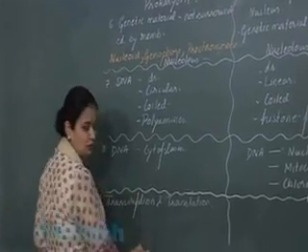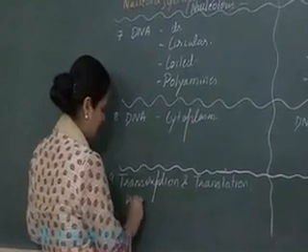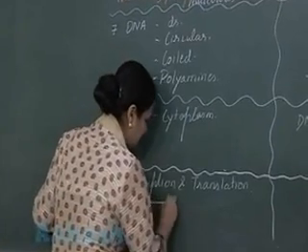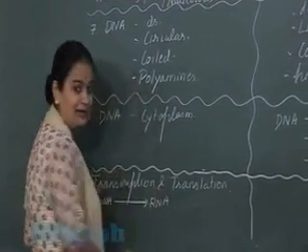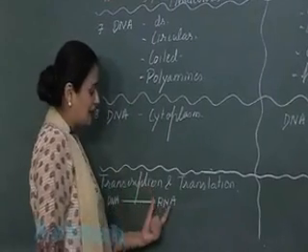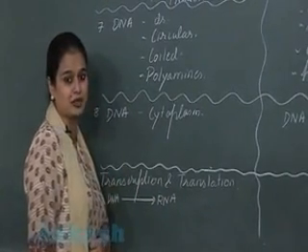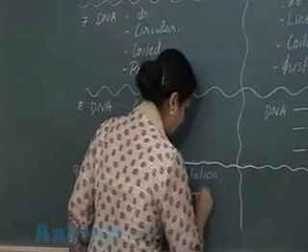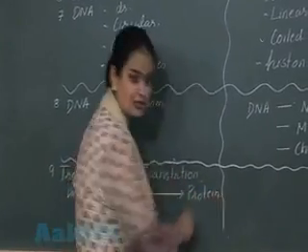Transcription is very well known to you. What is transcription? That is, DNA के अंदर present है coded information. This coded information is utilized for the formation of the RNA. Formation of the RNA from the DNA, this is known as transcription. And this RNA has information for the formation of proteins.